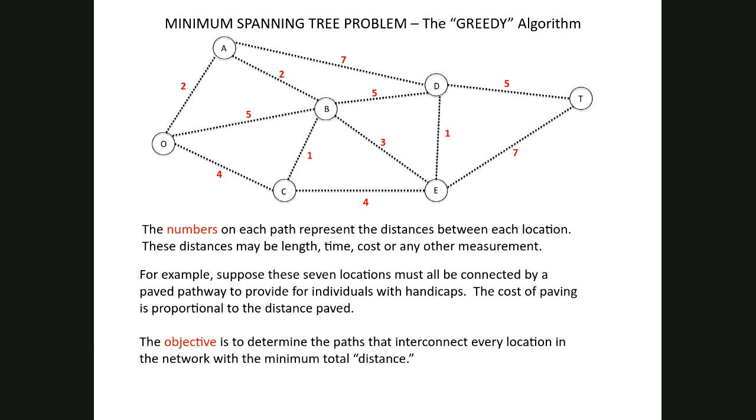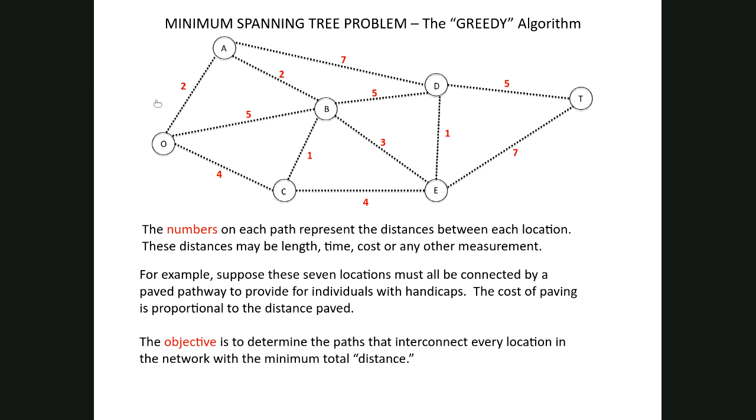We've got a network, and that network has 7 different locations: the origin, which is O, the terminal or destination T, and then 5 intermediate locations A, B, C, D, E. And between each of these locations are pathways.